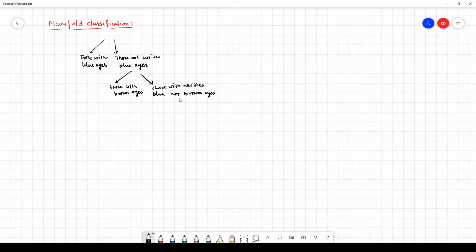Again, we can get a fourfold division by adding a fresh category, those with gray eyes. That means again we divide these portions into two parts, that is, those with gray eyes.